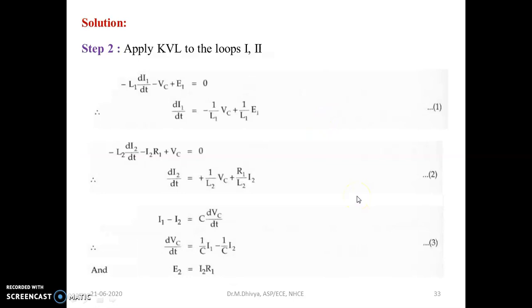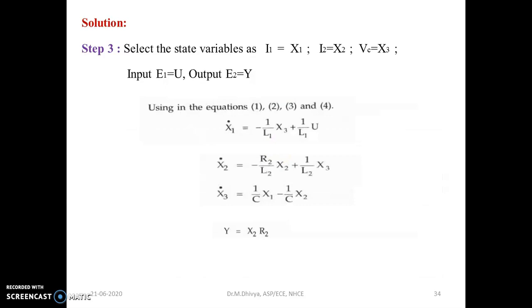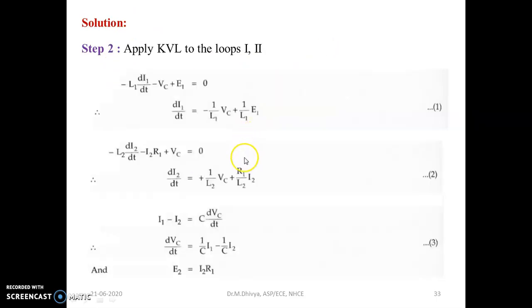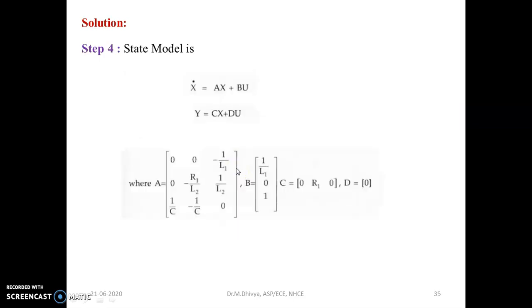The second step is listing out the mesh equations or nodal equations, and the third step is selecting the state variables, input variables and output variables. After that, substitute the state variables, input variables and output variables in the equations. Generalize the state model.